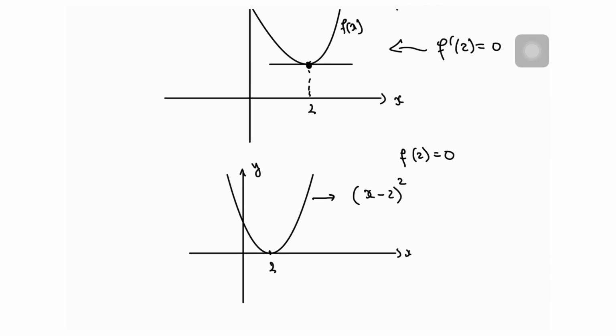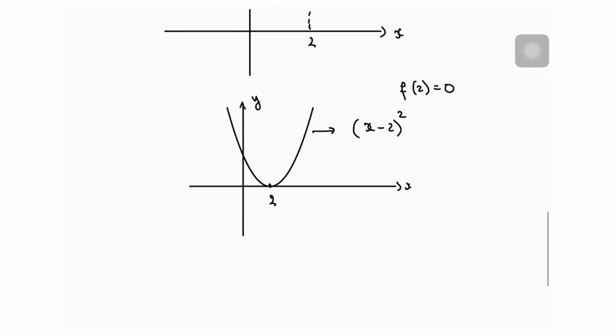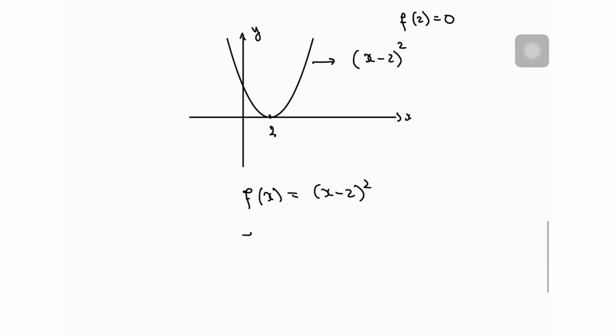So this function actually has the desired property, because if we take f of x equals (x minus 2) squared, f of 2 equals (2 minus 2) squared, which is 0 squared, which is 0.